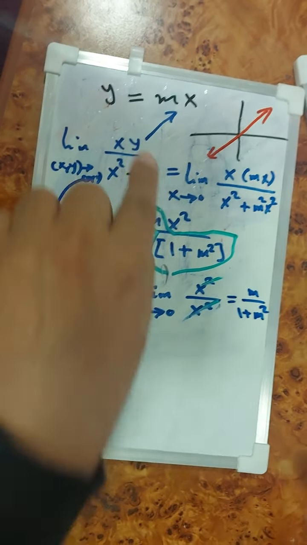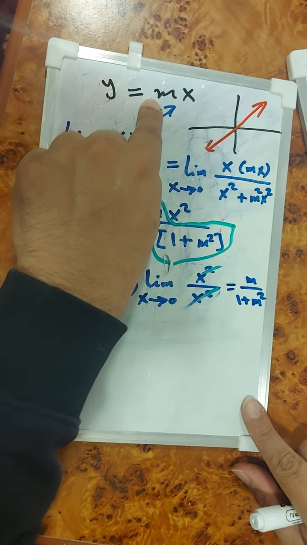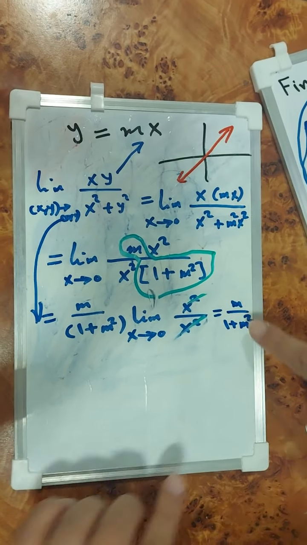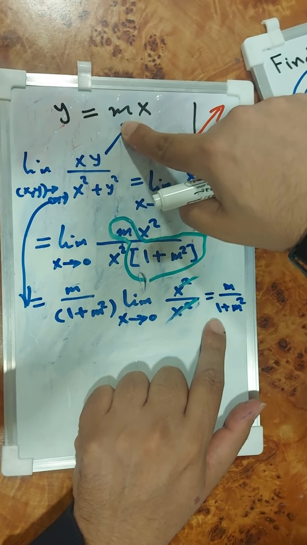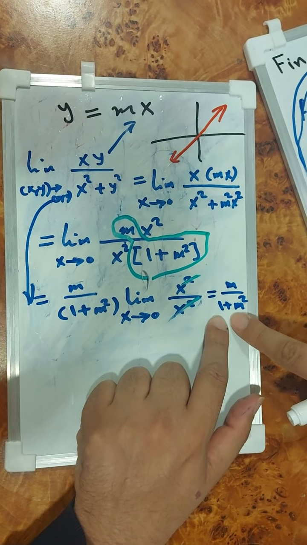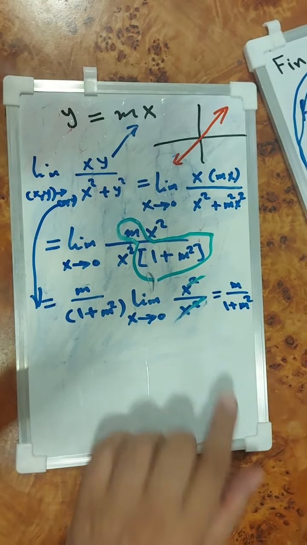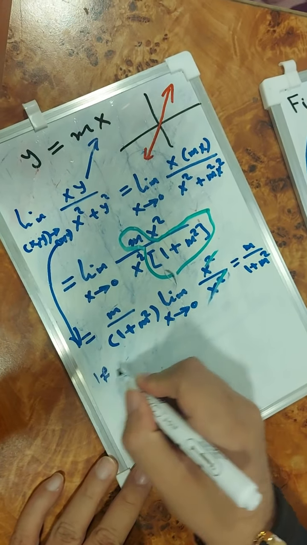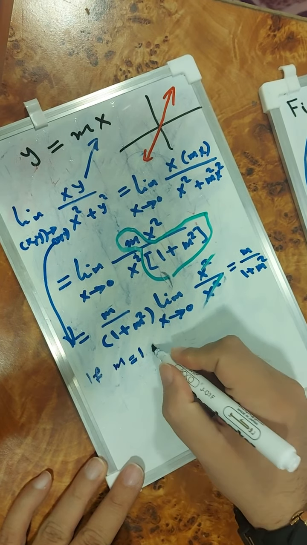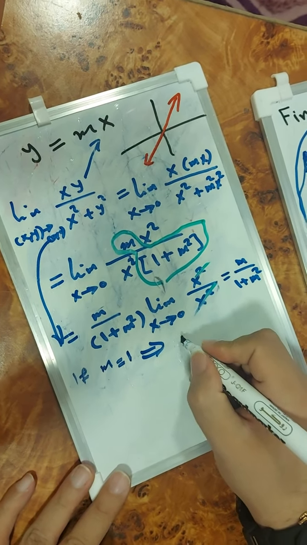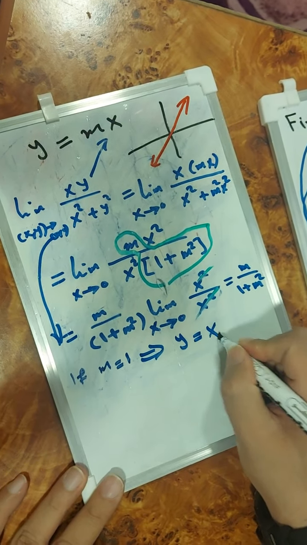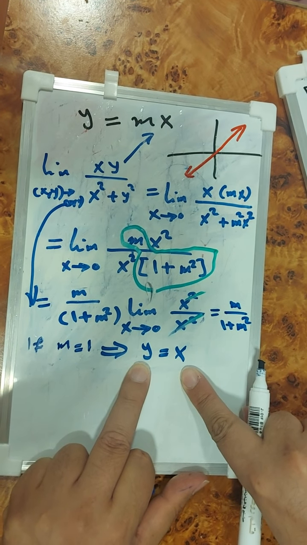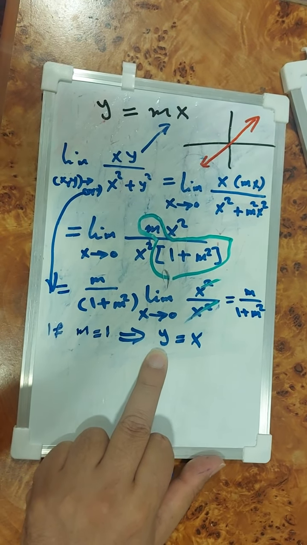What is m? m is the slope of this line. Whenever you change the line, you obtain a different slope, then a different value of the limit. For example, if we put m equal 1, this case is reduced to the example y equal x, the line we have used before in our last solution.